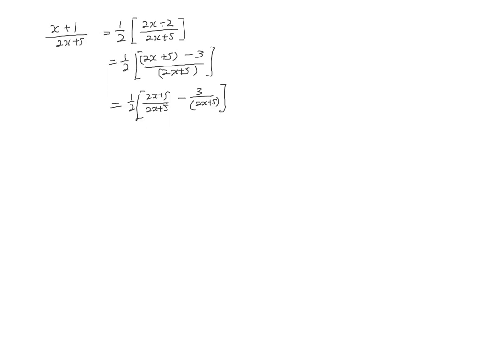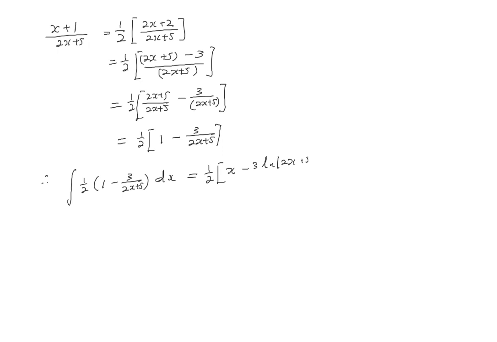So it becomes half, 1 minus 3 over 2x plus 5. So now therefore integrate half, 1 minus 3 over 2x plus 5 dx. So it will be half, integrate 1, you got x, integrate 3, you got 3 ln 2x plus 5 divided by 2, plus c. Done.